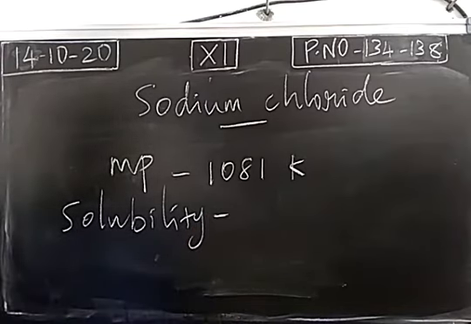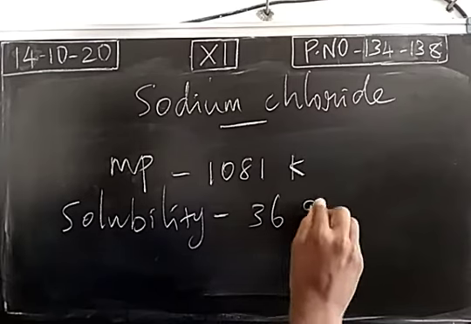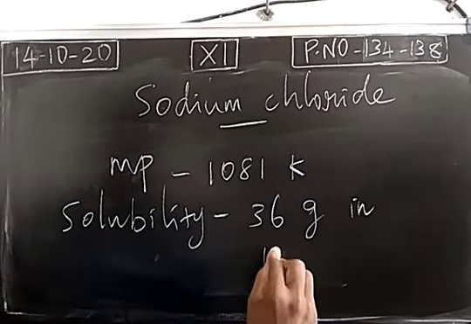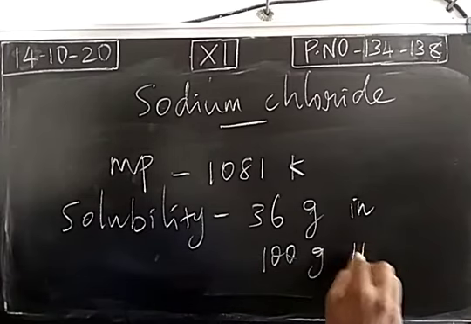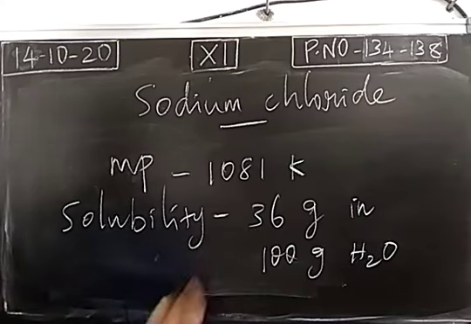When we maintain 273 Kelvin, the solubility of sodium chloride is 36 gram in 100 gram water. Exactly when we dissolve 36 gram sodium chloride in 100 gram of water, the solution will be a saturated solution.